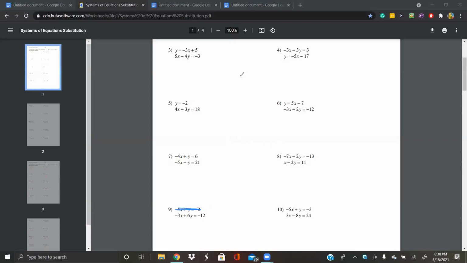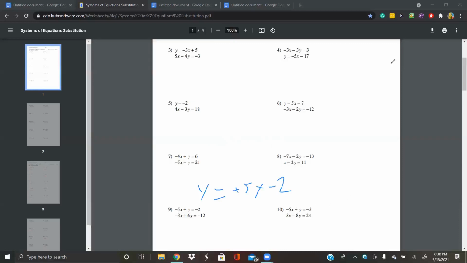First, you're going to add 5 on both sides, so -5x. So y equals -5x minus 2. I mean 5x, sorry. That's a positive. 5x minus 2.